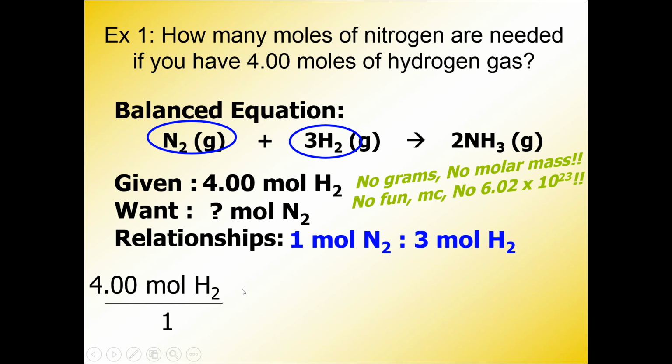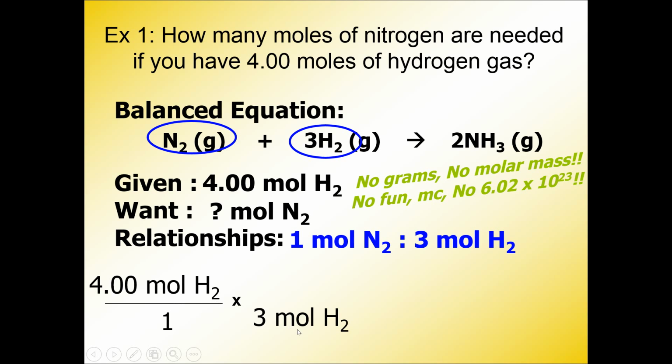Every problem starts off with a given over 1. Please be, again, thorough with the unit and the substance because the unit and the substance will guide you to the next step of the problem. With dimensional analysis, you always have to make sure that the unit and the substance cancel out diagonally.